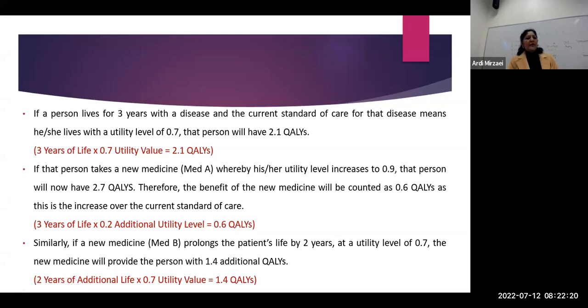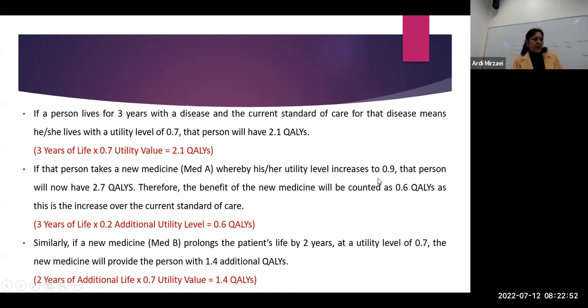Now, if a person lives for 3 years with a disease, and the current standard of care for that disease means he or she lives with a utility level of 0.7, then 3 years into 0.7 is 2.1 QALY. If that person takes a new medicine, let's say medicine A, whereby his or her utility level increases to 0.9.